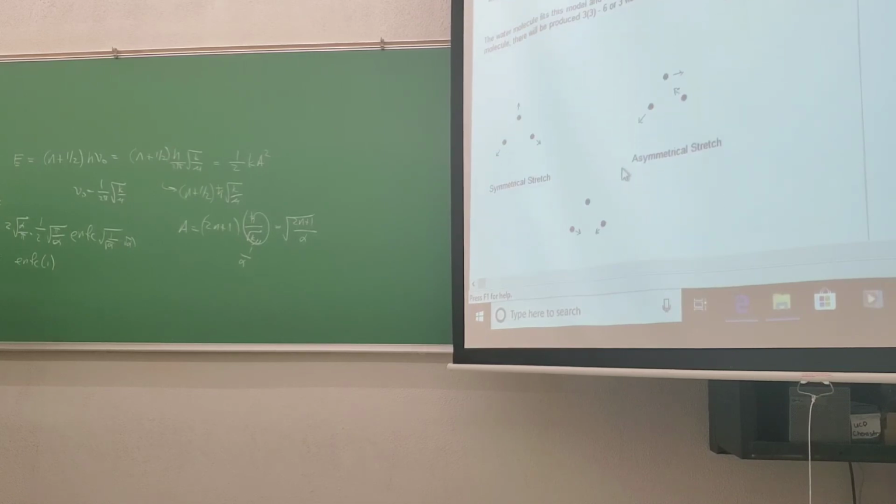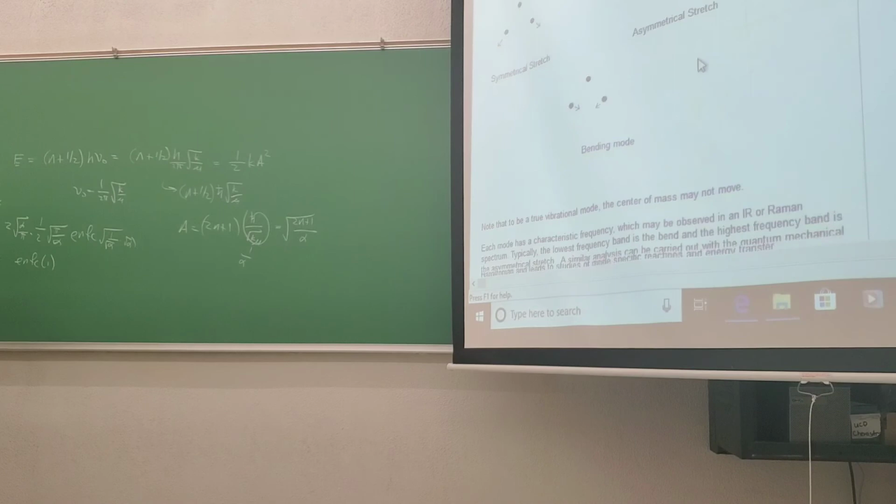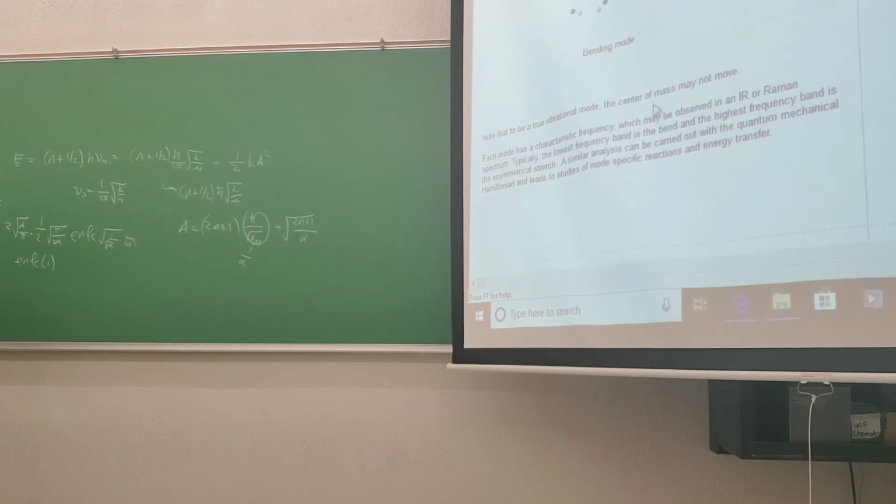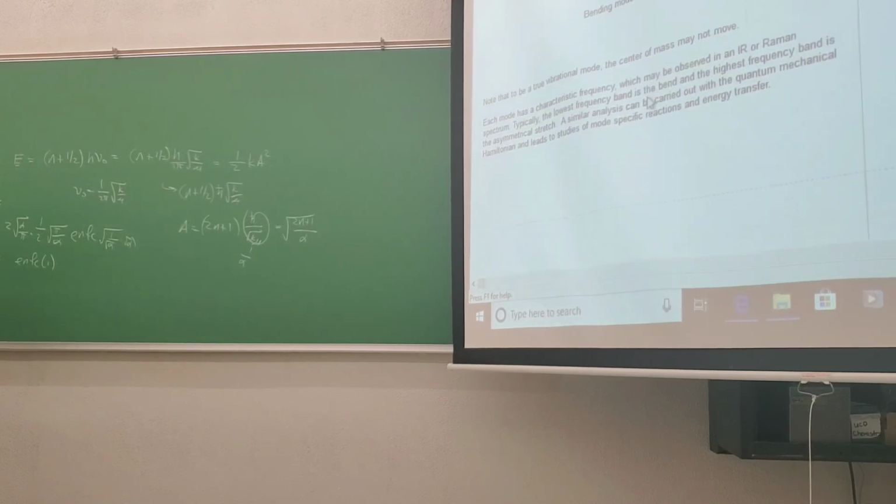Again, these are the water molecule's asymmetric stretch and bending mode. To be a true vibration, just as in rotation, the center of mass of the molecule cannot move. For a genuine rotation, the atoms rotate around the center of mass. That is a true rotation.